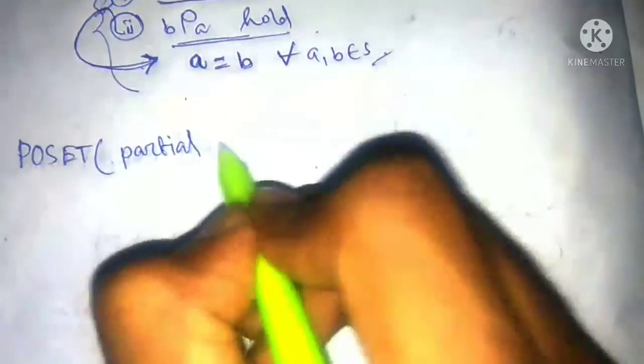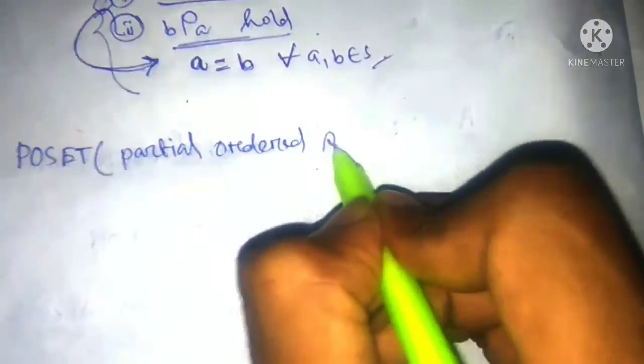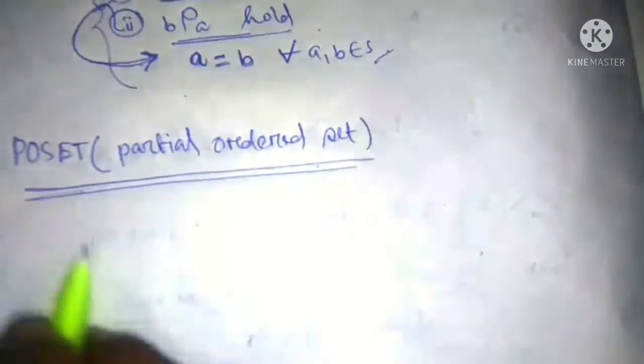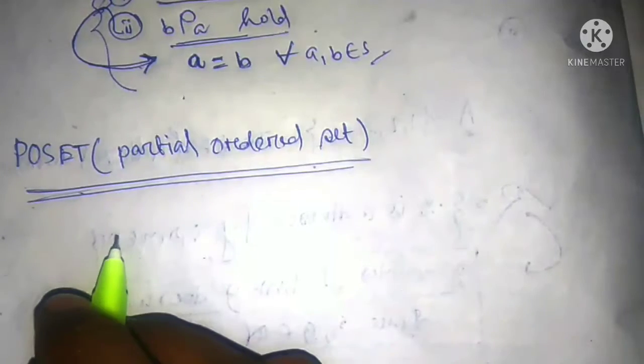Now let's discuss poset, that is partial ordered set. What is a partial ordered set?